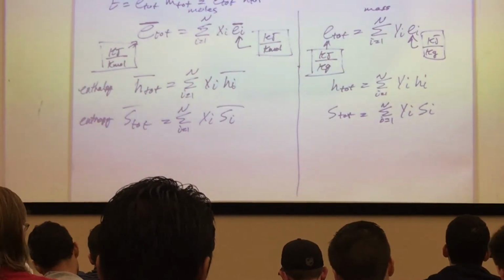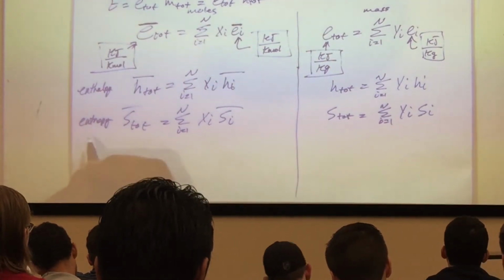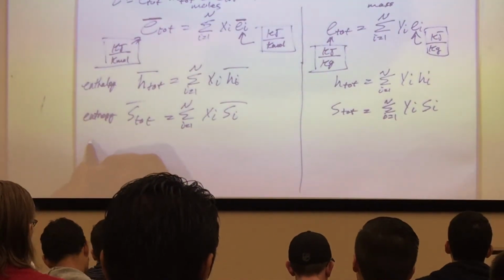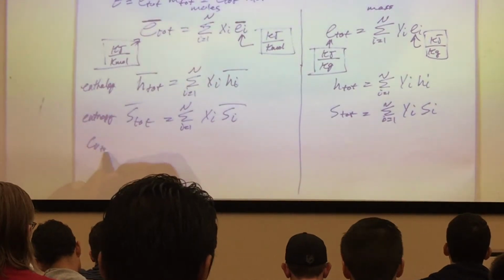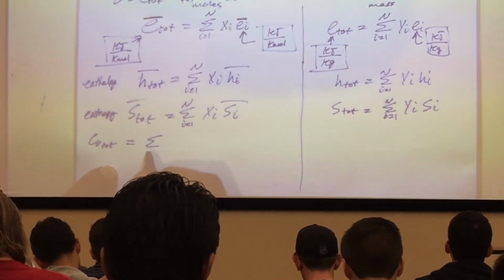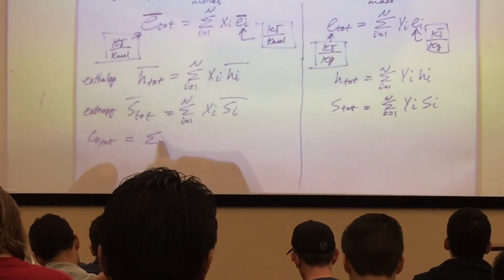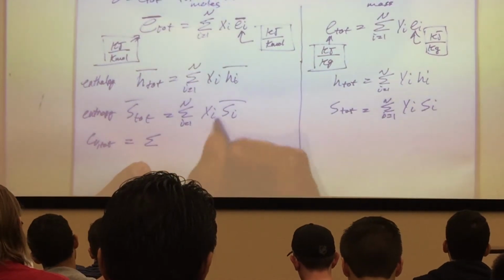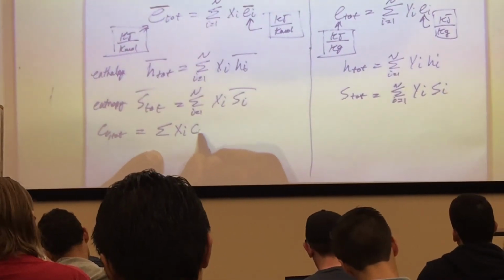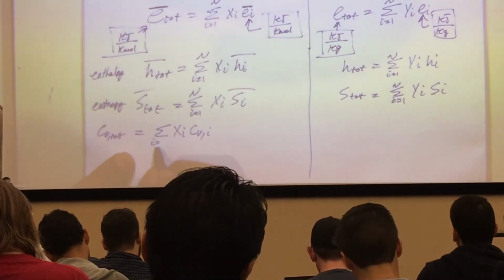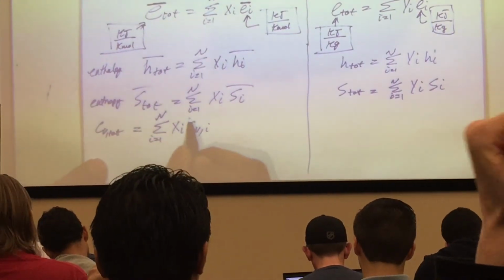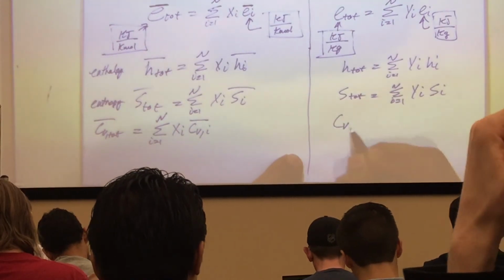And the same thing I could apply for the specific heats. I could say Cv total is equal to the summation of each individual Xi multiplied by Cv of i, from i equals 1 to N. And now let's keep the over bar so we can differentiate between both.